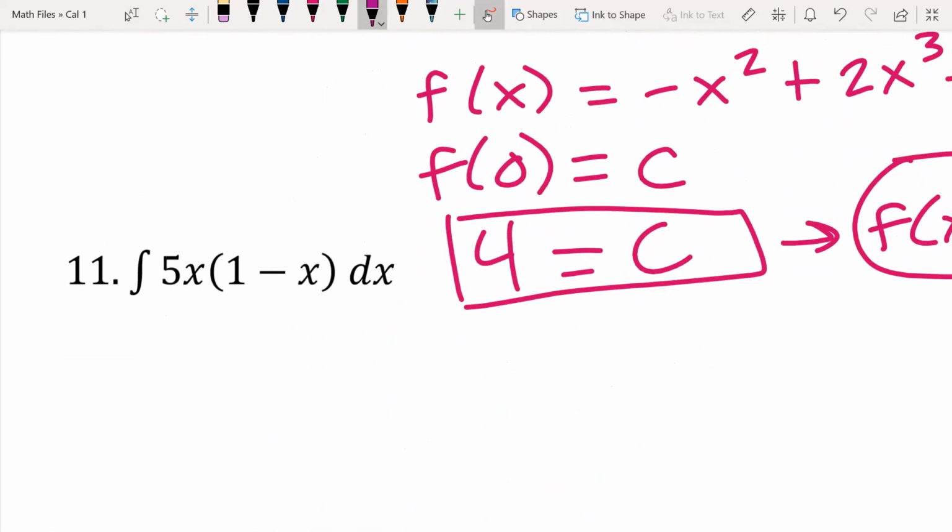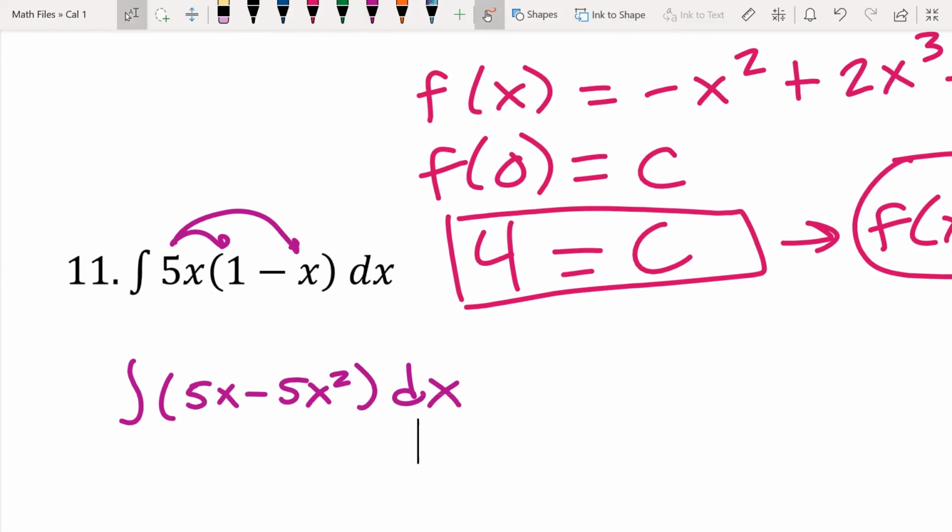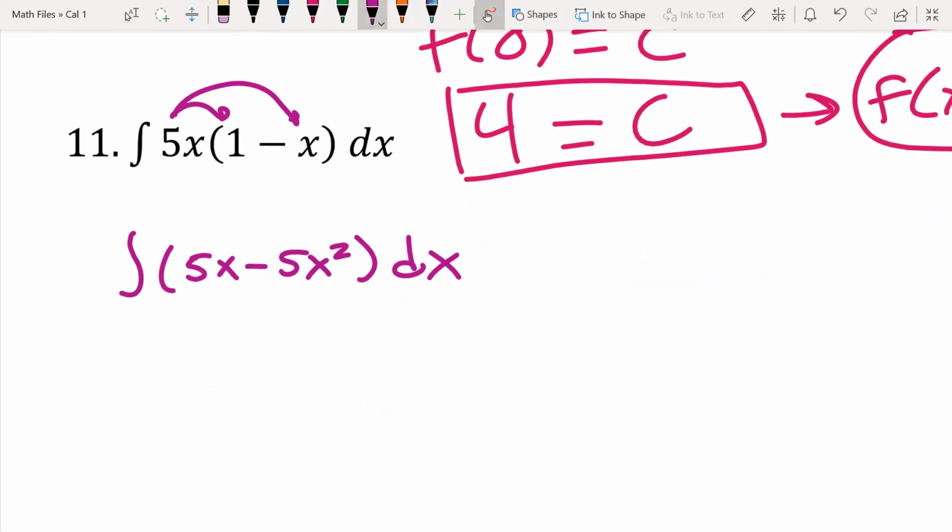All right. So here we have the integral of 5x times 1 minus x dx. What we're going to do here is distribute the 5x first. So we'll get the integral of 5x minus 5x squared dx. And we can split into 2 integrals, but now we know we don't have to.